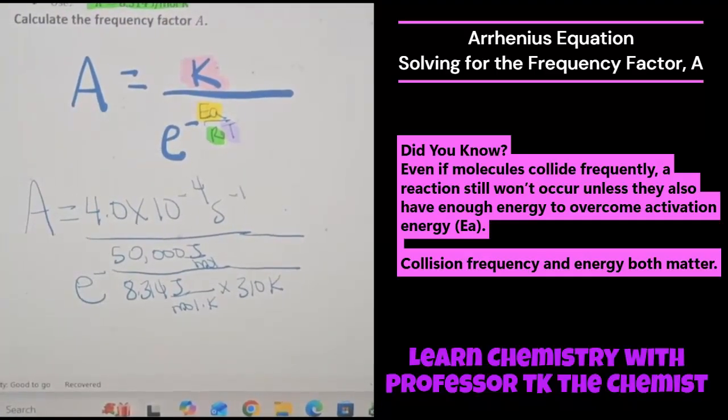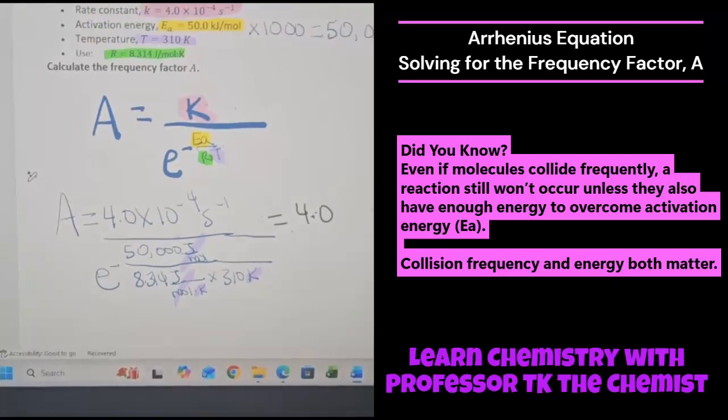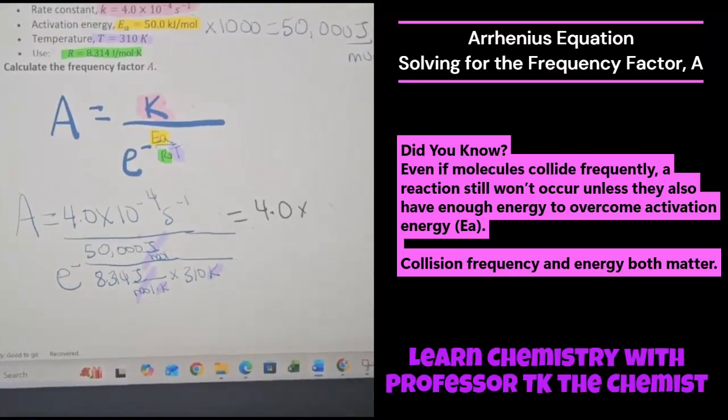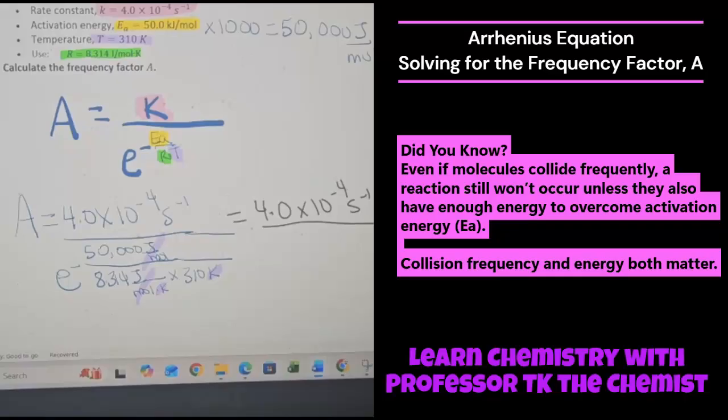Now, what you're going to do is cancel out the units so we don't have to keep writing those in. Over here, I'm going to say 4.0 times 10 to the negative 4th per second, because that's the only unit you're going to have, since it's frequency, e to the negative.